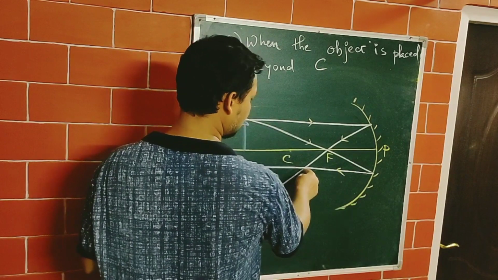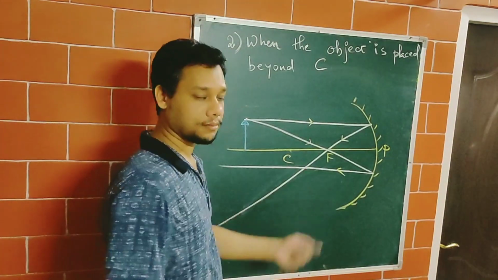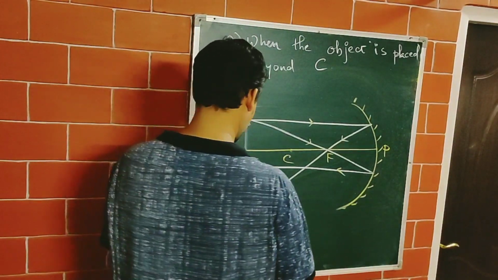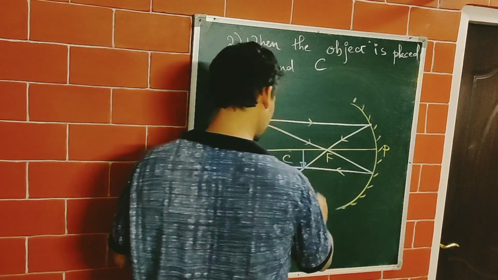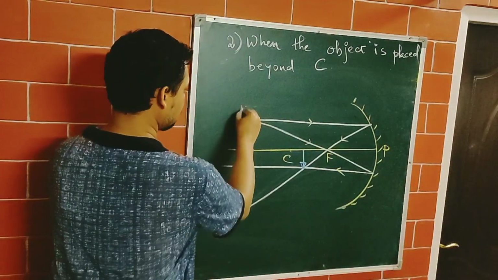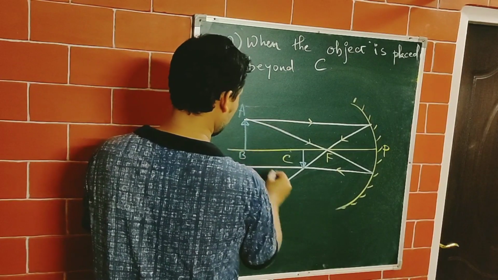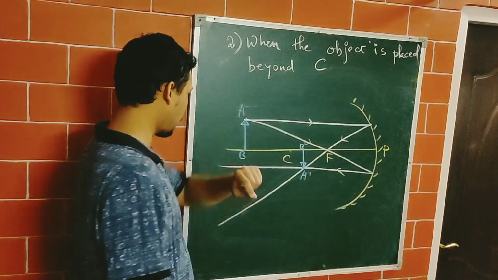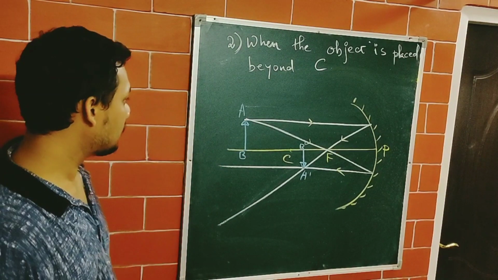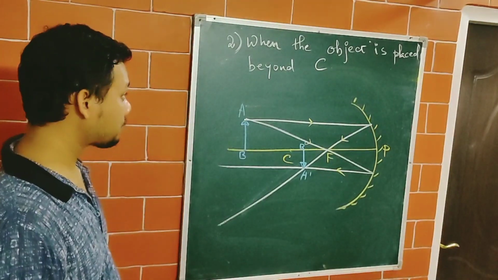They are intersecting here, the image will form here. If the object is A, B, this is A dash and B dash. So this is the ray diagram.